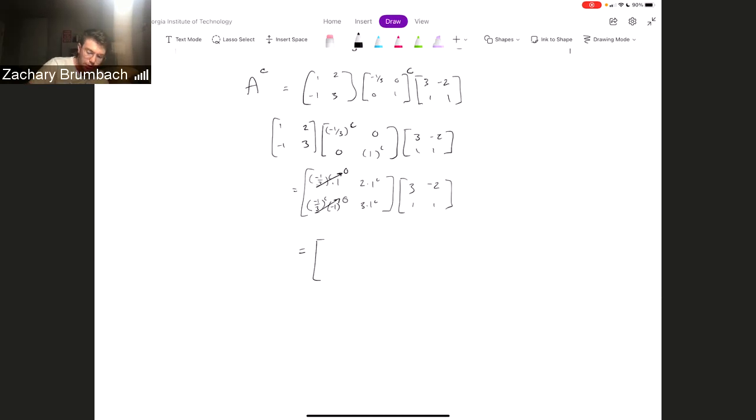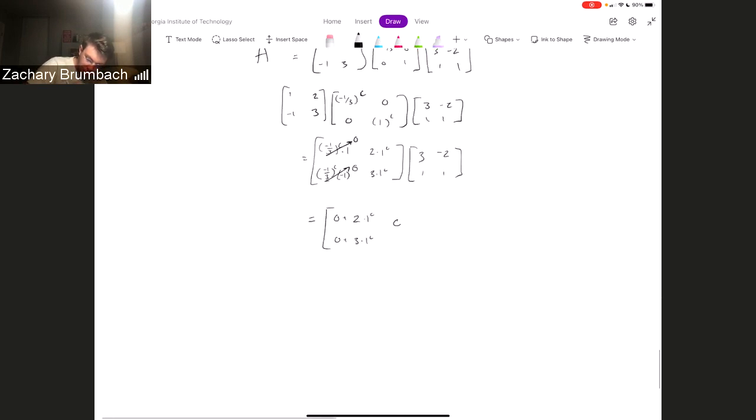So we can agree that we're going to do this matrix multiplication. We get 0 plus 2 times 1 to the c, 0 plus 3 times 1 to the c. And over here, 0 plus 2 times 1 to the c, and 0 plus 3 times 1 to the c.